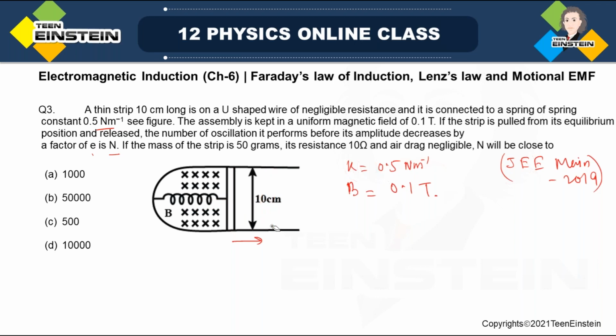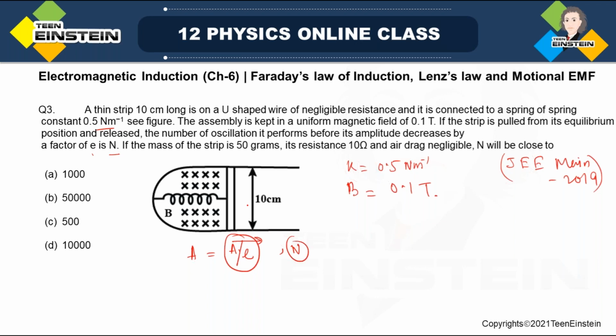Let me just read the whole story here. So it will start oscillating. If there is an oscillation, there will be an amplitude of oscillation also. When this amplitude dies down to 1 over e times, then the number of oscillations is n.